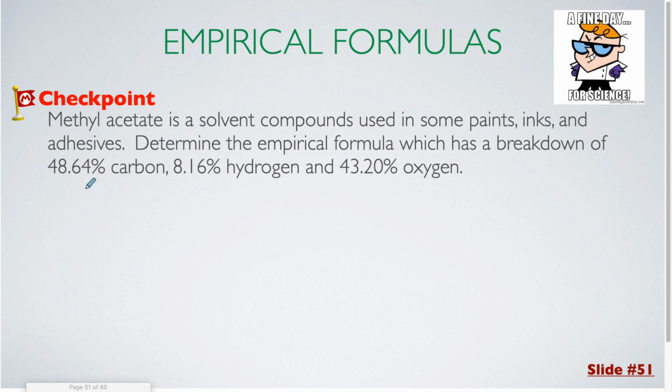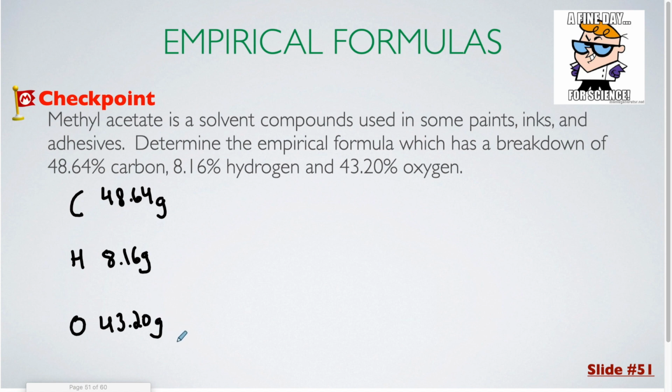In our next example, this one is a little different just because I have 3 elements instead of 2. So I'm going to be breaking this down into carbon, hydrogen, and oxygen. For the carbon, I have 48.64, and I'm going to use grams instead of percent. For the hydrogen, I have 8.16. For the oxygen, I have 43.20. For each of these, I'm going to do a one-step gram to mole conversion. So grams to moles, the molar mass of carbon is 12.01.